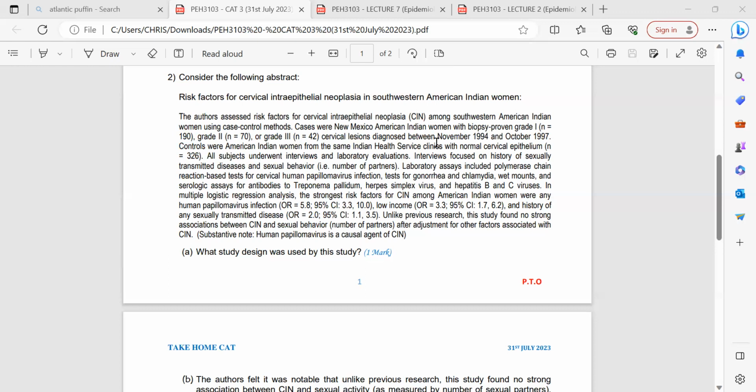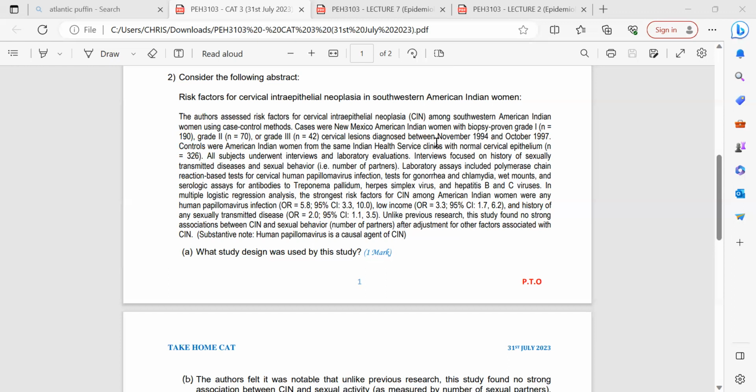Laboratory assays included PCR-based tests for human papillomavirus infection, tests for gonorrhea and chlamydia, wet mounts, and serology assays for antibodies to Treponema pallidum, herpes simplex virus, and hepatitis B and C viruses.